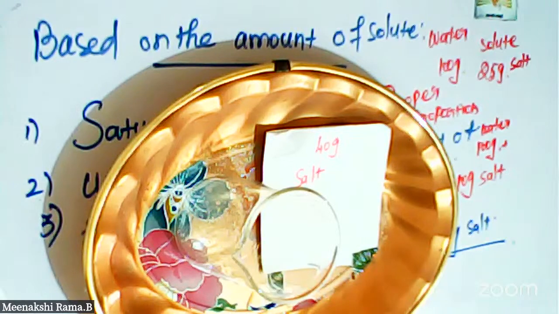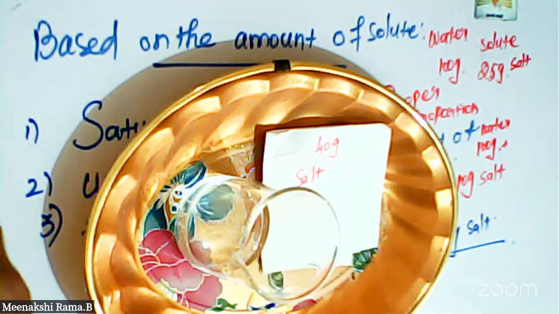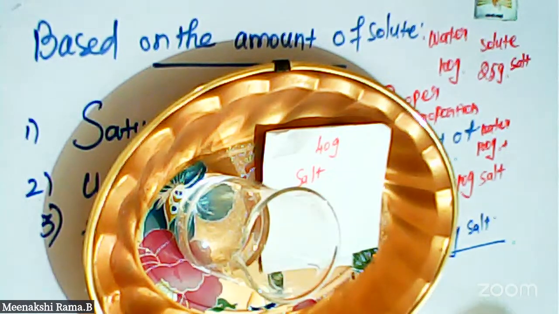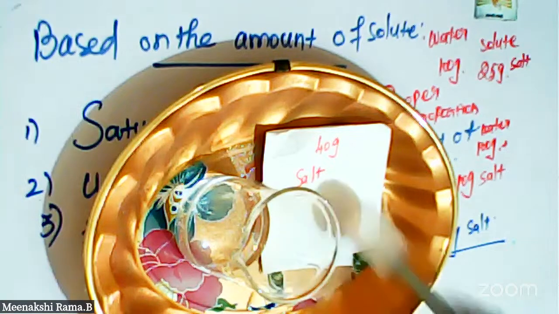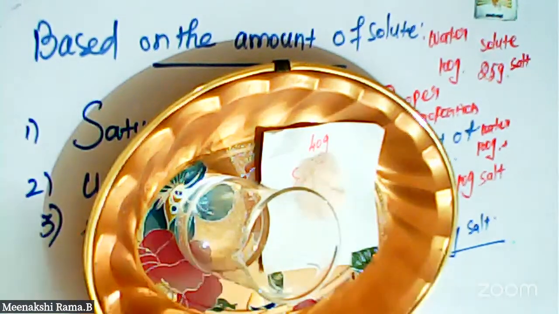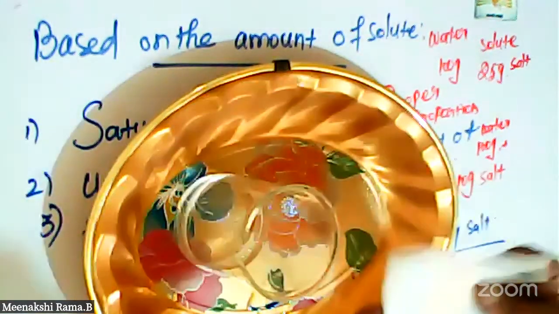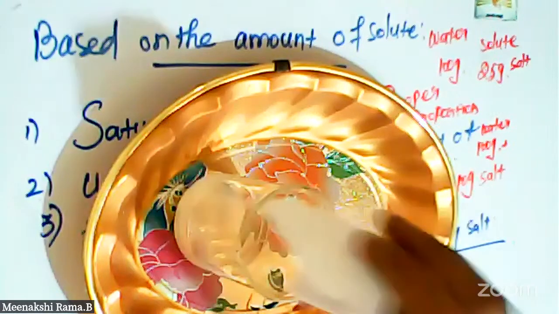So the solvent is at that same level, but the solute level is higher than the normal saturation. So the amount of solute is higher than the saturated solution. So 40 gram of salt is added to the water.